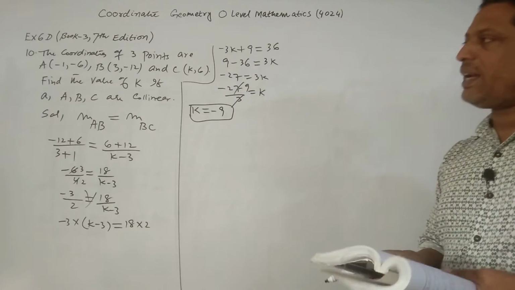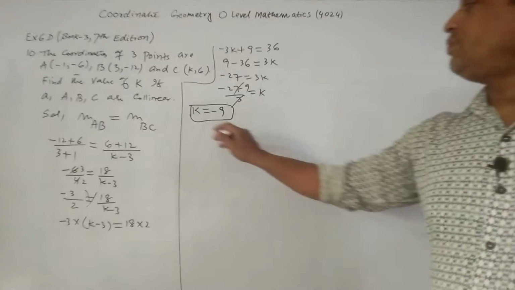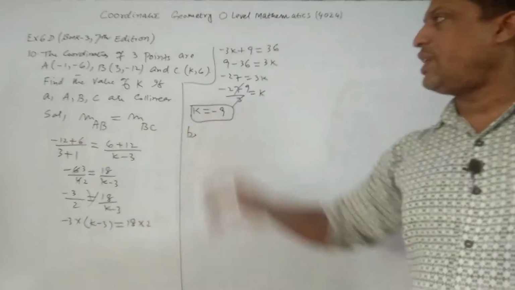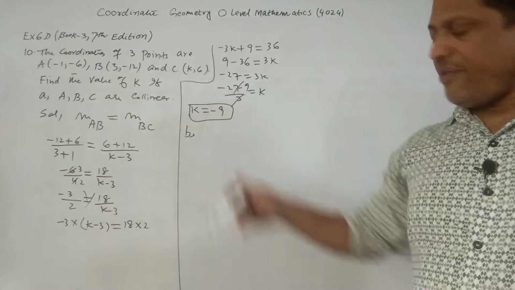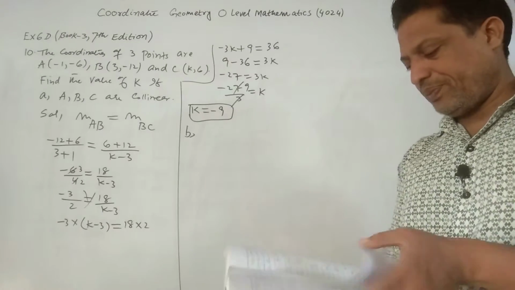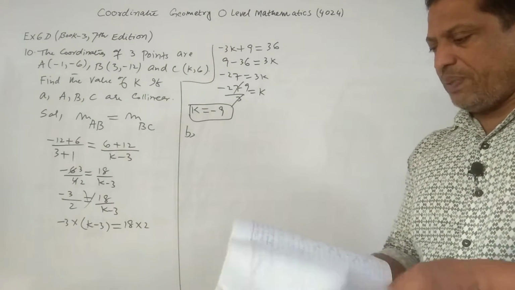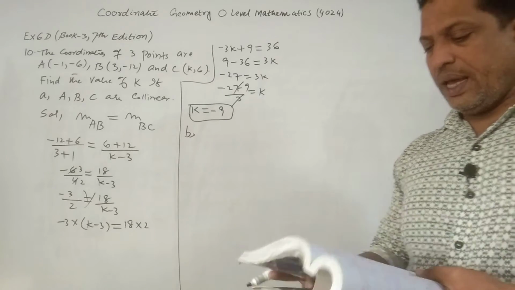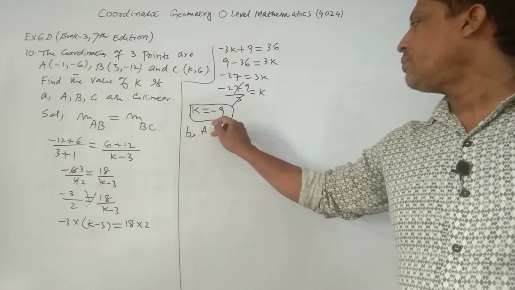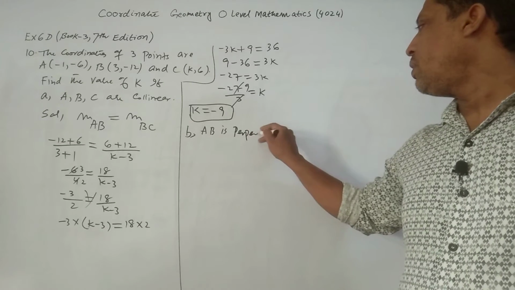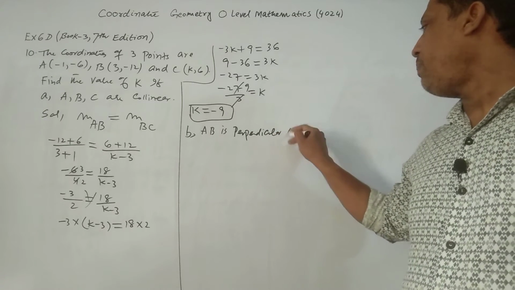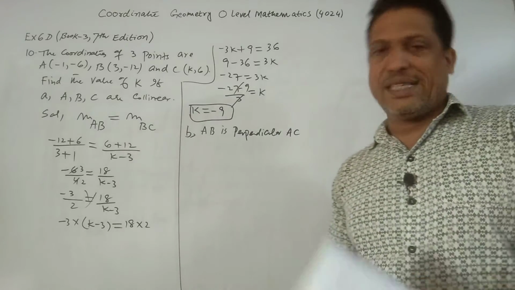This is part A. Now part B of question number 10. Find the value of k if part B: AB is perpendicular to AC.